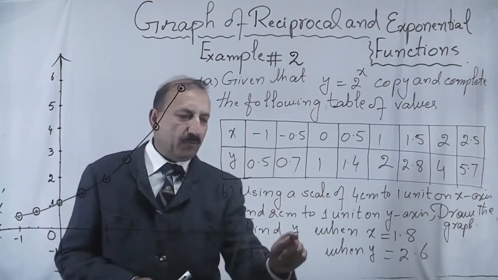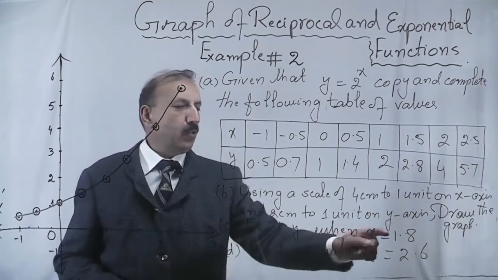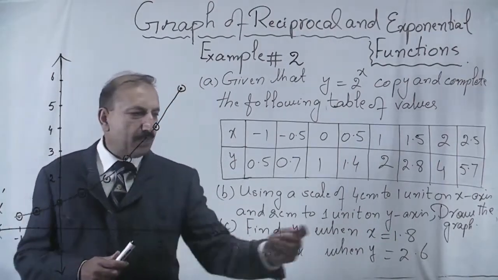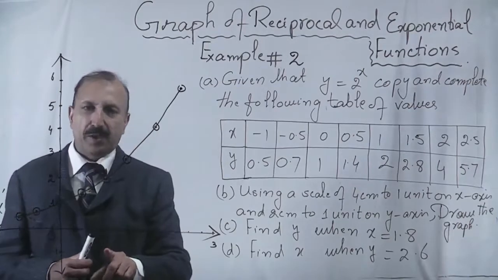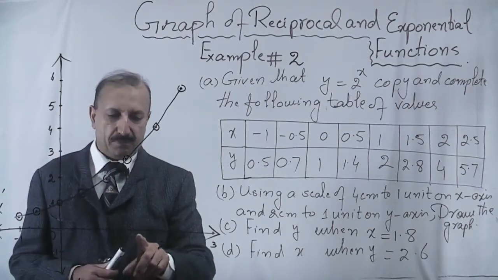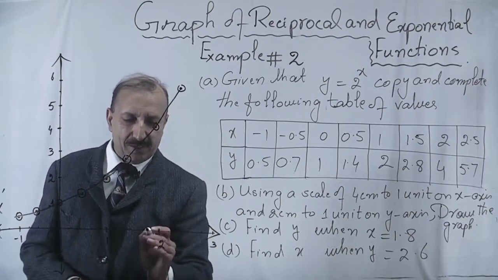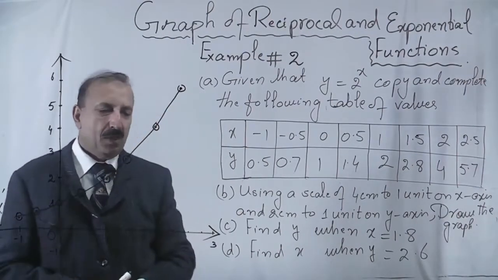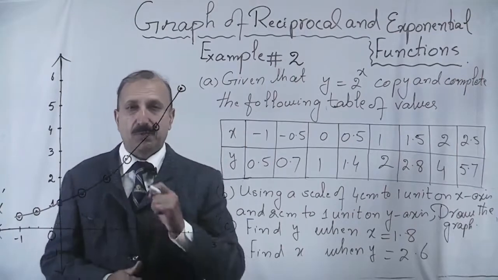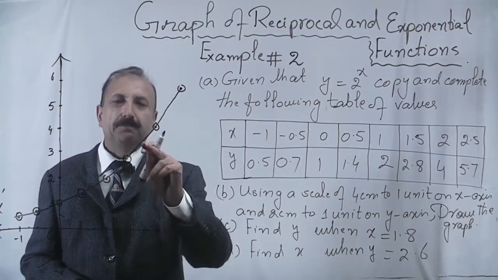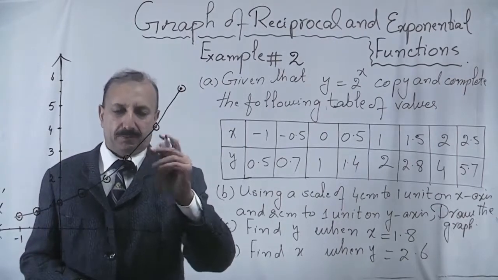Part C says we need to find y when the value of x is 1.8. Let's move towards this graph. Where is 1.8 on x? This is 1, this is 1.5, 1.75, and a little more than this is approximately 1.8. So what is the procedure? With the help of a ruler, you need to draw a line here and move towards this curve.